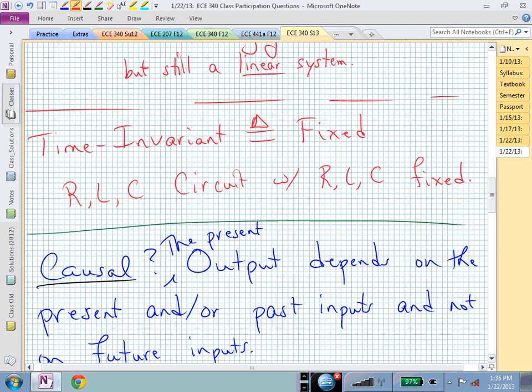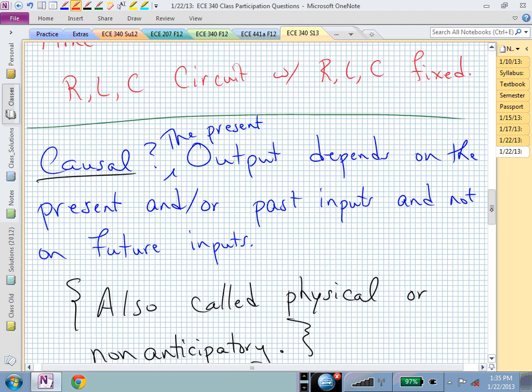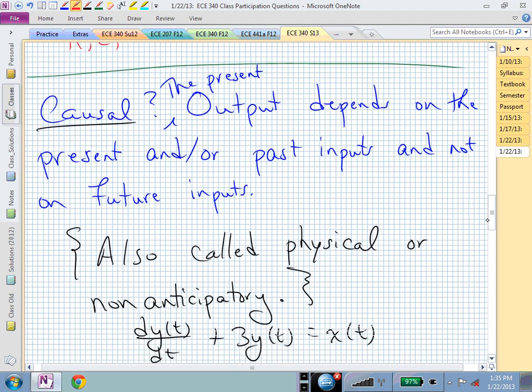That was a time varying differential equation, but it was a linear differential equation. Causal. Remember what we said about causal? The present output depends on the present and/or past inputs and not on any of the future inputs.